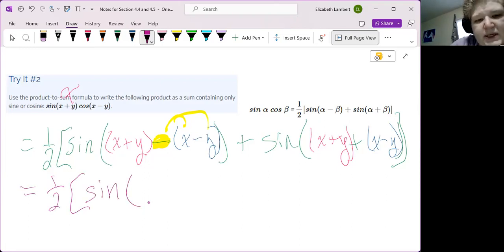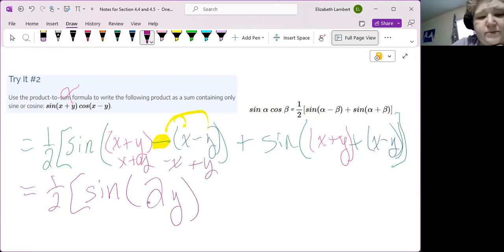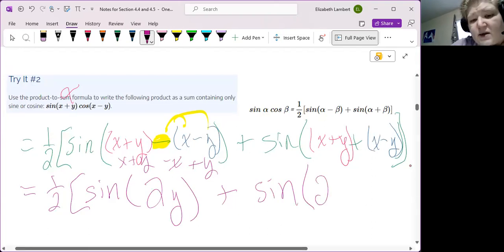So this will be x plus y minus x and plus y. So we end up with 2 y's. All right. Plus, then over here, we have the sine of x plus y plus x minus y. So now the y's cancel and we have 2 x's.